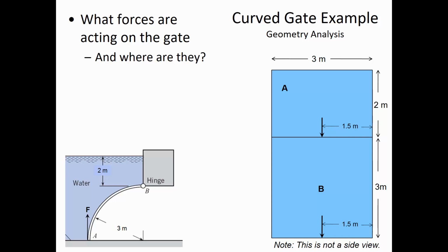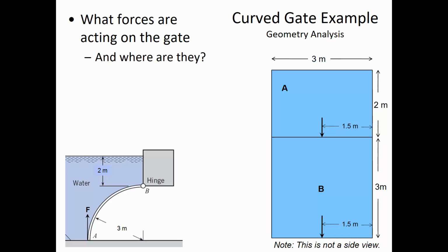Well, there is F sub A. We found that that was 235,440 newtons, and it's acting at a distance of 1.5 meters from that edge. So that's the moment distance. And then there's also the force C, which is 75,789 newtons, and it's acting at a distance of 2.33 meters from the hinge. That's how far over it is.